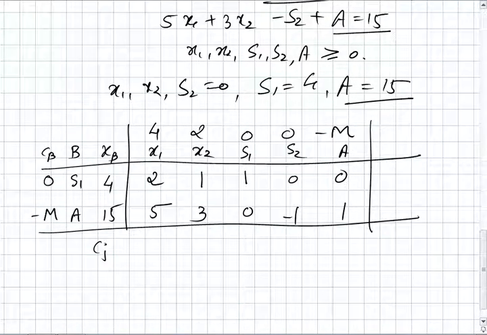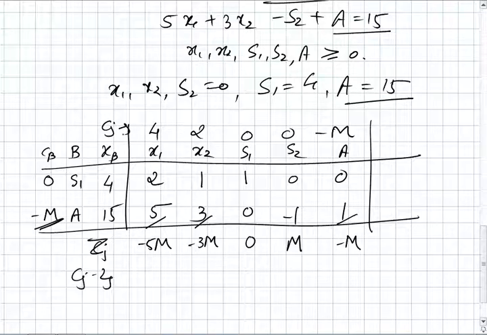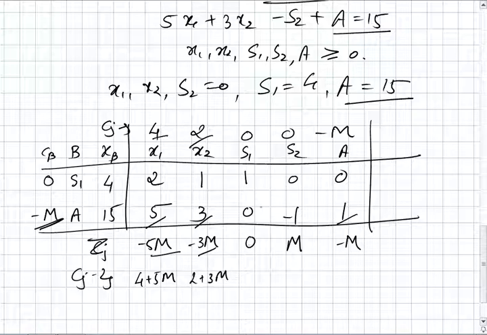Now the cost line Zj is evaluated: minus M times 5, so minus 5M; minus M times 3, so minus 3M; minus M times 0 is 0; minus M times minus 1 is M; and minus M times 1 is minus M. Now Cj minus Zj: 4 plus 5M, 2 plus 3M, 0 minus 0 is 0, 0 minus M is minus M, and minus M minus minus M is 0.